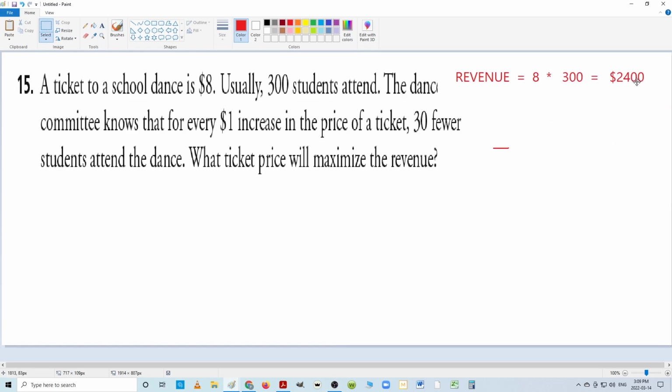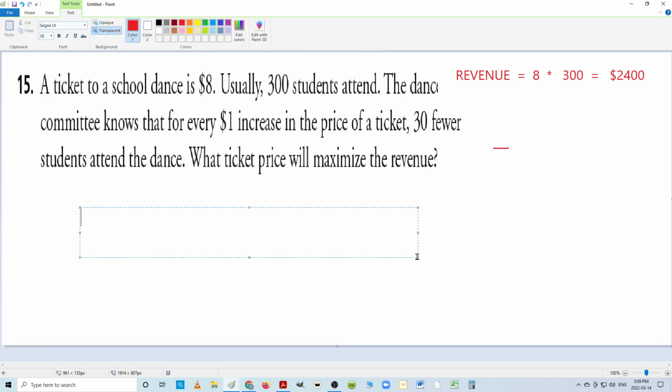And how do we figure out the revenue of anything? We take the price of it and we multiply by the number of people who bought it. But then they know for every dollar increase in the price of the ticket, 30 fewer people will attend. Which means if I increase my $8 by x dollars, I'm also going to lose 30 people times each one of those x dollars I increase it.